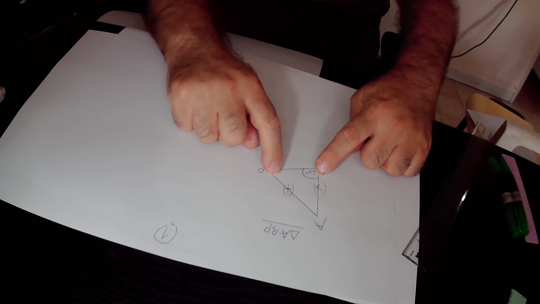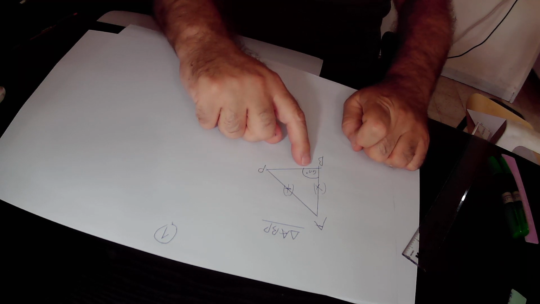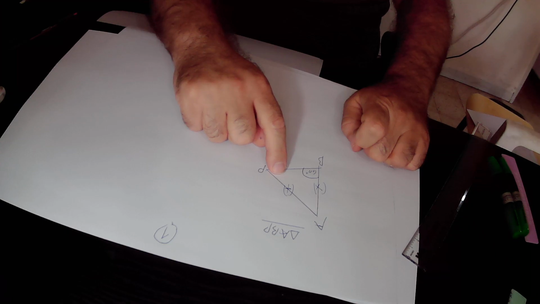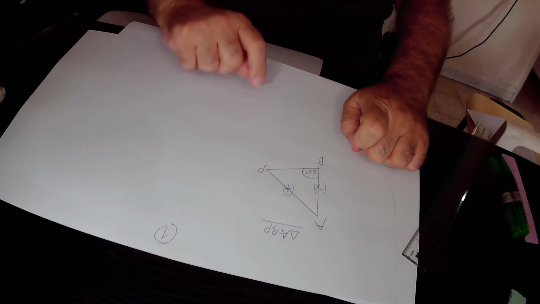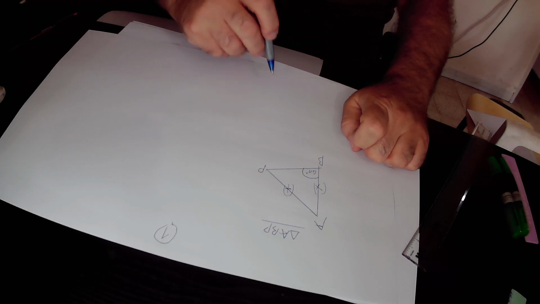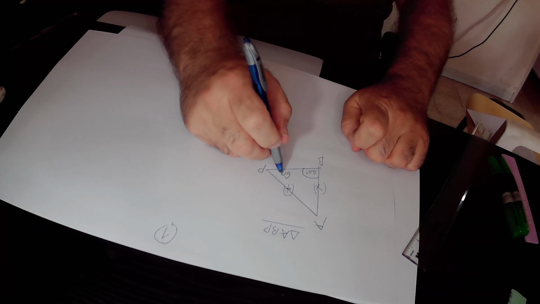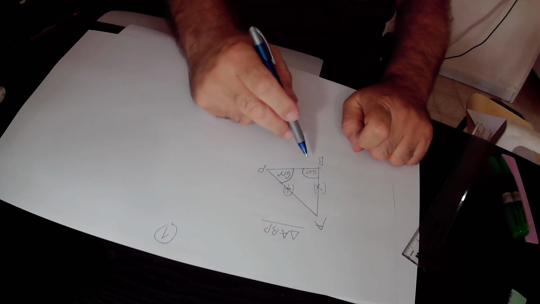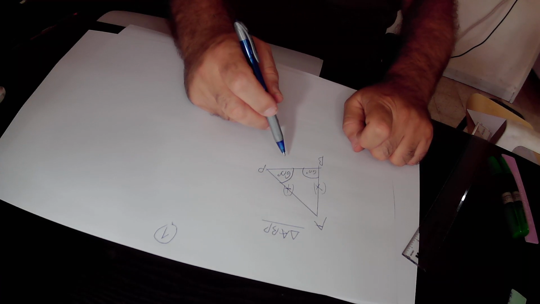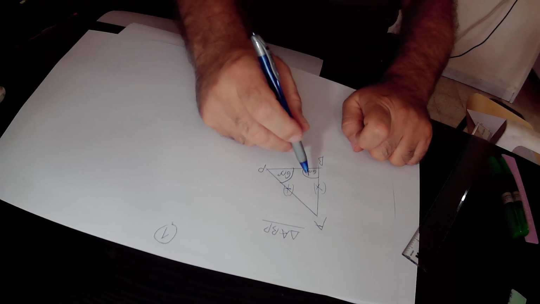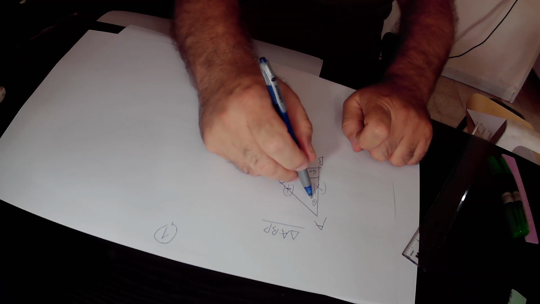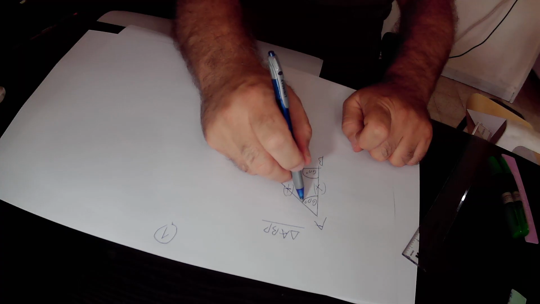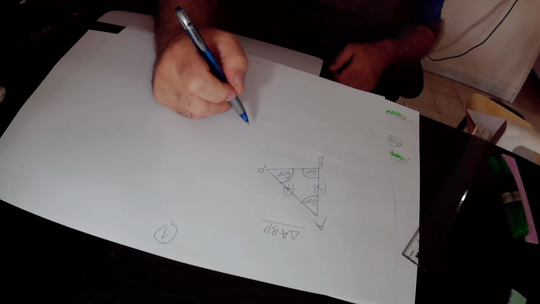But this angle equals 60 degrees and therefore this missing angle must also be equal to 60 degrees, according to the rule that I mentioned. In triangle ABP, 60 degrees plus 60 degrees is 120 degrees. Therefore, this missing angle must be equal to 60 degrees in its size, according to the rule that the sum of the angles in a triangle is equal to 180 degrees.